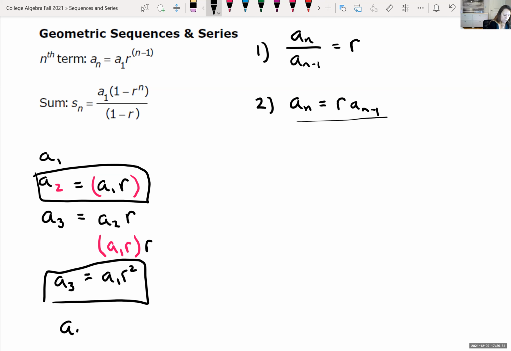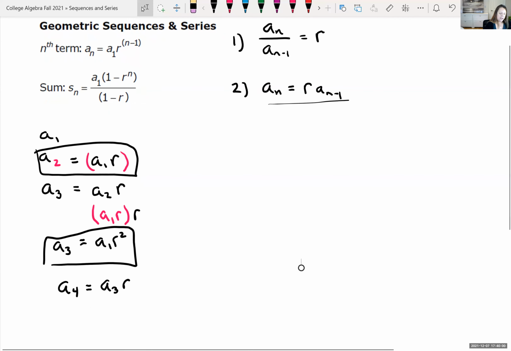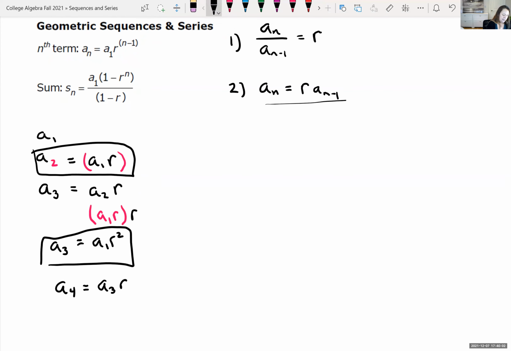A sub 4, that's equal to the term right before it, which is the third term, times r. But from above, we know what a sub 3 is. So this is a sub 1 times r squared times r, which is a sub 1 times r cubed. One more.